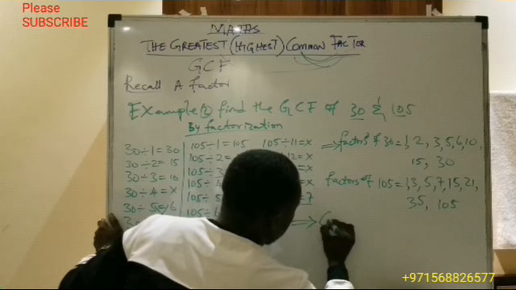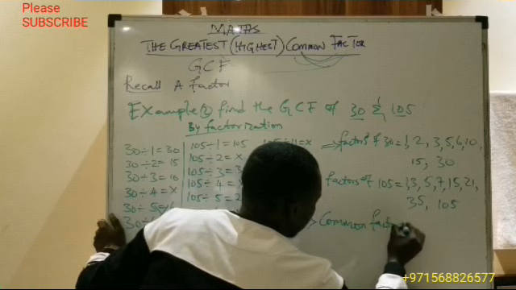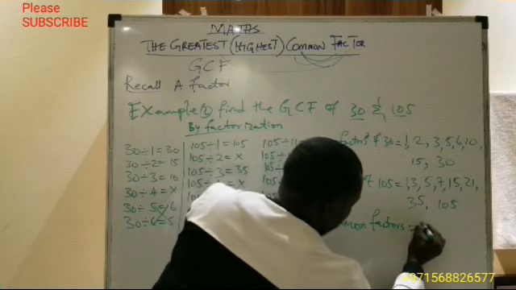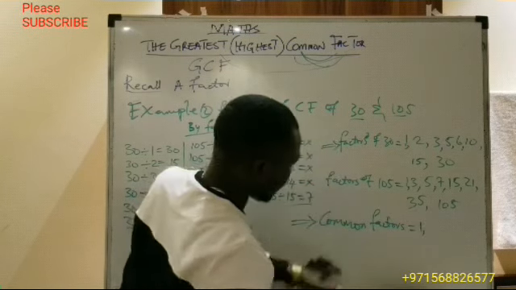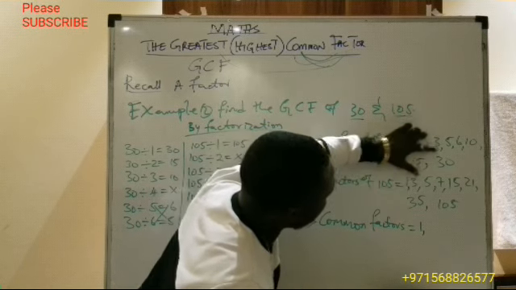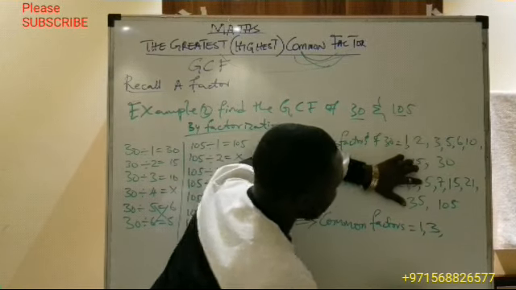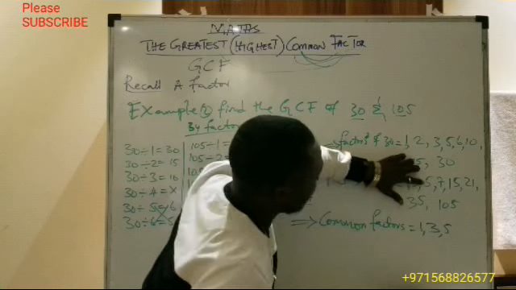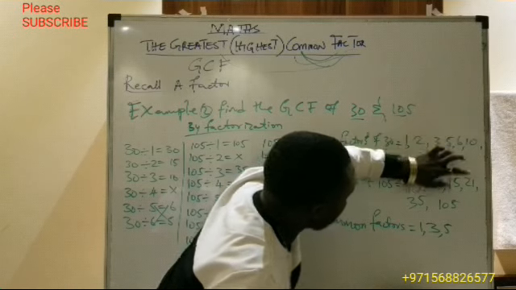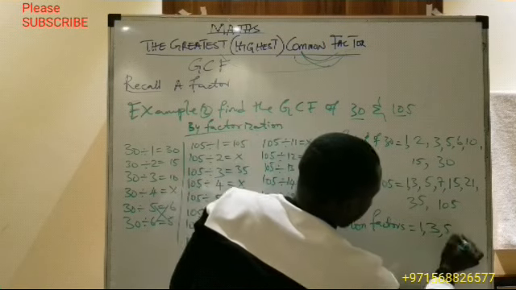This implies that their common factors: 1 appeared here and 1 appeared here, therefore 1 is among. 2 appeared here, but there's no 2 here. 3 appeared here, 3 appeared here, 3 is among. 5 appeared here and 5 appeared here, 5 is among. 6 appeared here, but there's no 6 here. 7 appeared here, no 7 here. 10 appeared here, no 10 here. 15 appeared here, and there is 15 here.